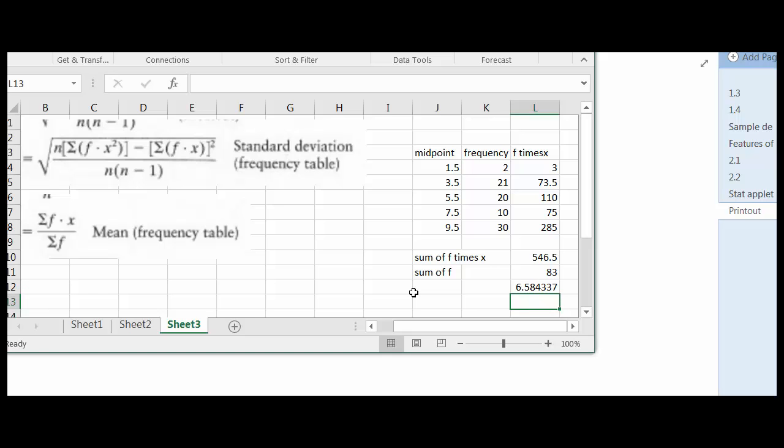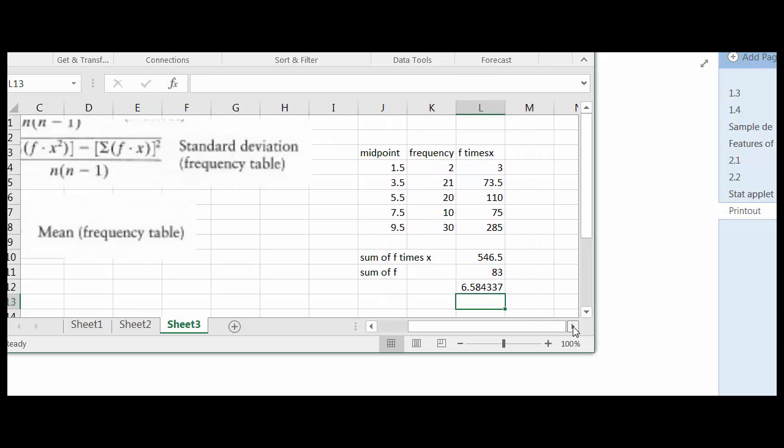Okay, that was the easy one. Standard deviation requires a few more steps I have to jump through. In my formula, I can see that I actually did something helpful, because I already calculated this piece, the sum of f times x, so I just need to square it.